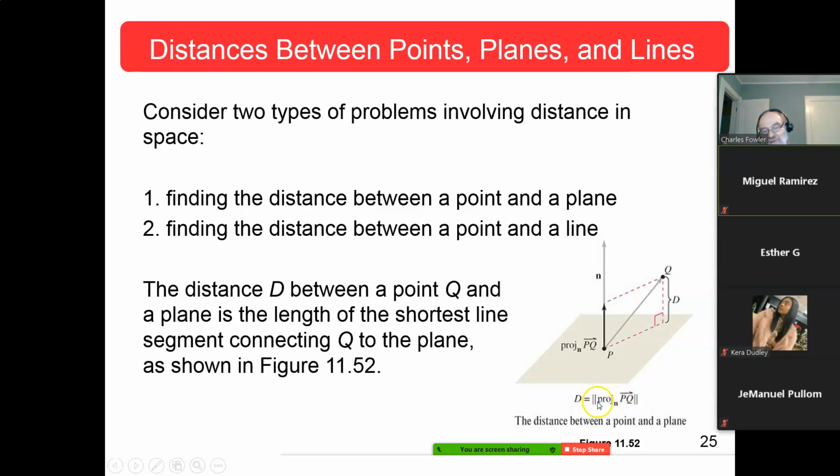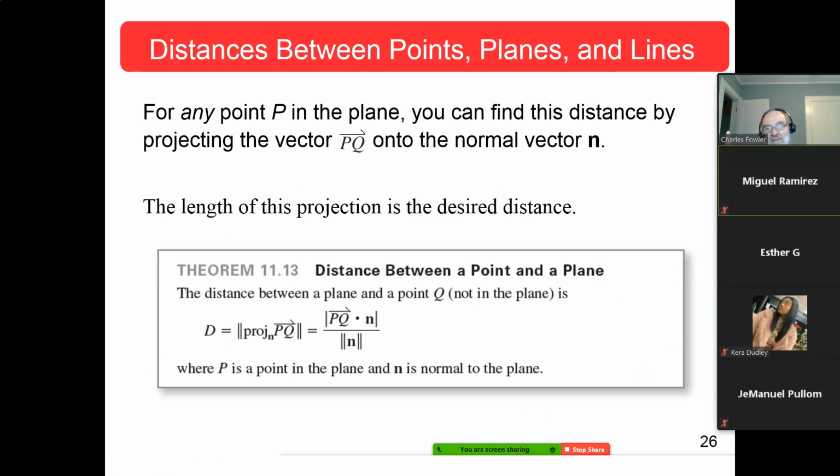That's the magnitude of the projection of PQ onto the normal vector N. That's the distance between a point and a plane. For any point P in the plane, you can find that distance by projecting the vector PQ onto the normal vector N, and the length of that projection is your desired distance.